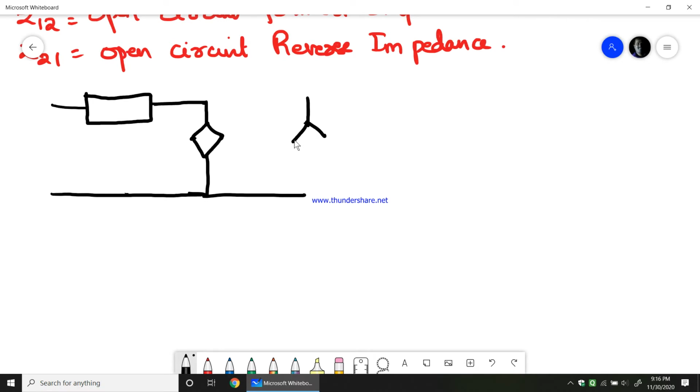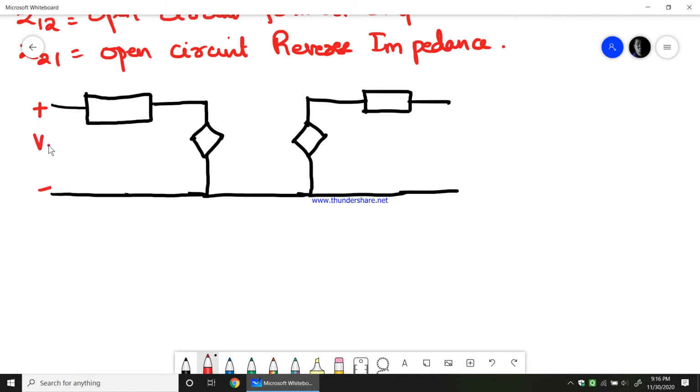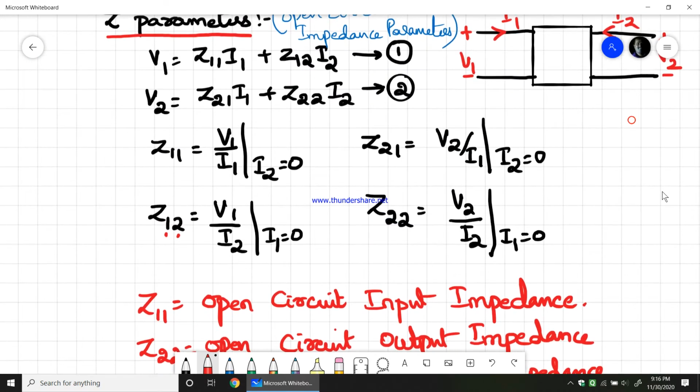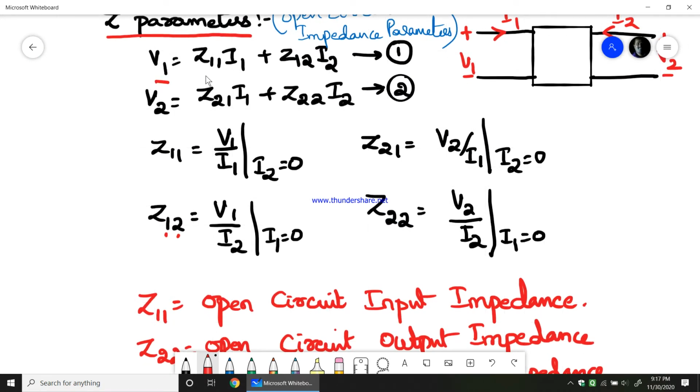Here this is plus minus V1, this is plus minus V2. Now what is the equation? If you go back and see, the equation that we got is V1 is Z11 I1 plus Z12 I2.